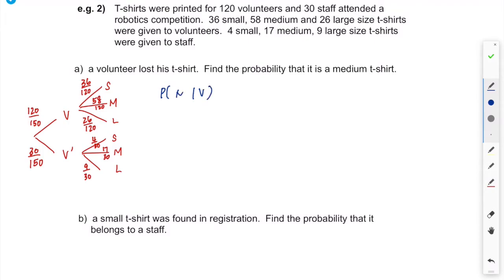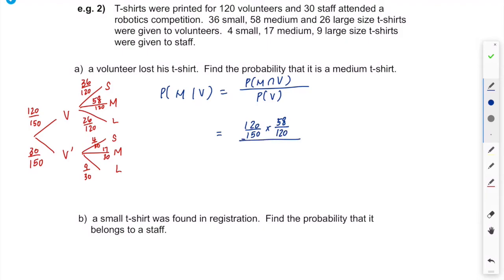Find the probability that this is medium. All right, so we need P of medium and volunteer over P of all the volunteer shirts. And to get the top part, I multiply 120 over 150 by medium is 58 over 120.